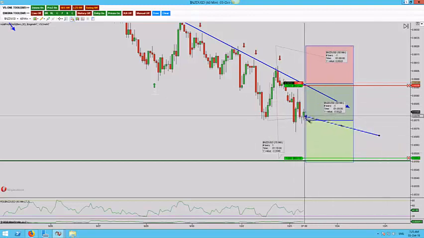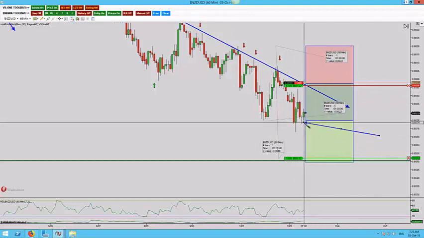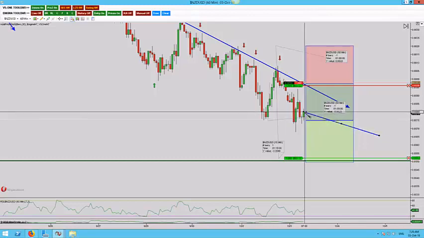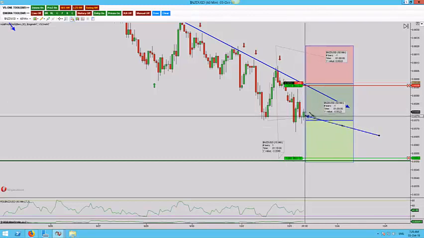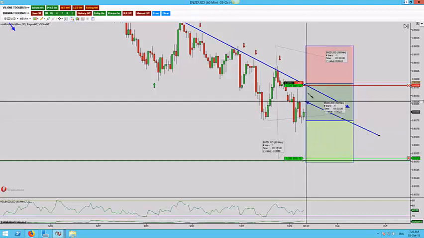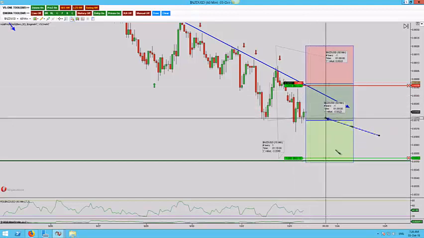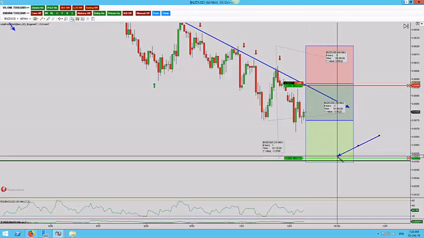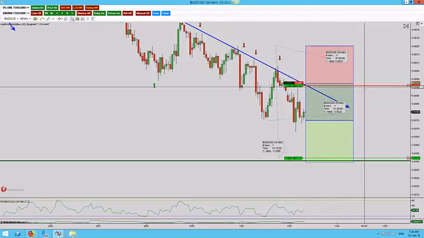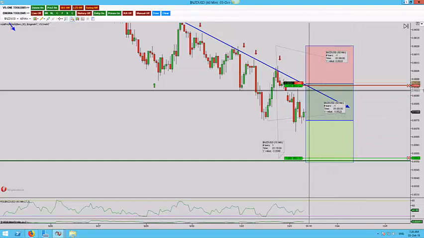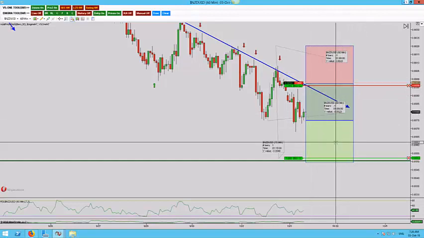But recently, last couple of hours, we put in a rejection candle followed by a higher high, higher close, giving us a 3-bar reversal. So we may see a pop here to the top. It may actually come all the way back up to retest the trend line and then come back down. I don't know, but right now I've moved 2 pips past break even, so this is a winner at least for target ones.